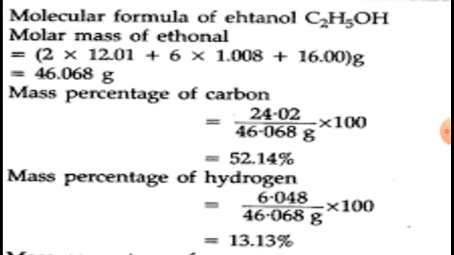The atomic mass of carbon is 12.01 and the total number of carbon atoms in ethanol is 2. So we can calculate the total mass of carbon in ethanol: 2 into 12.01. And then hydrogen: the total atoms are 6 and the atomic mass of hydrogen is 1.008, so the total mass is 6.048.